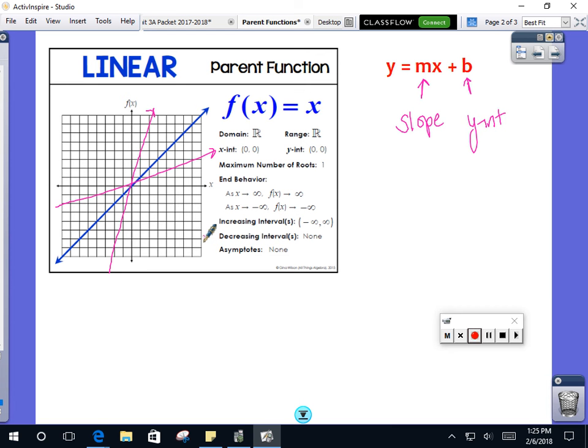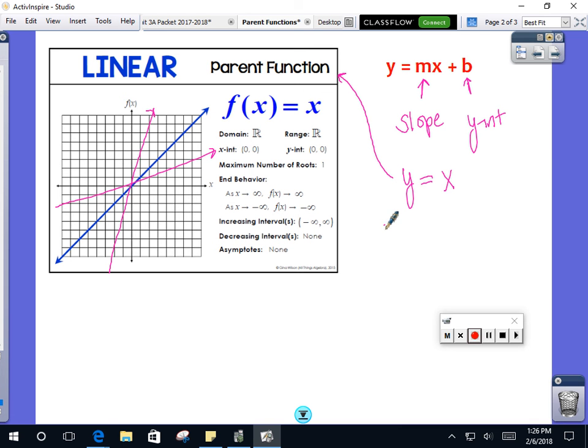Now, your most basic of all lines is y equals x. Okay? That function is also known as the parent function for linear functions. Now, over here you'll see that instead of y equals x, they wrote f of x equals x, which is the same thing. Now, the blue line that's already been graphed is y equals x, because think about it.